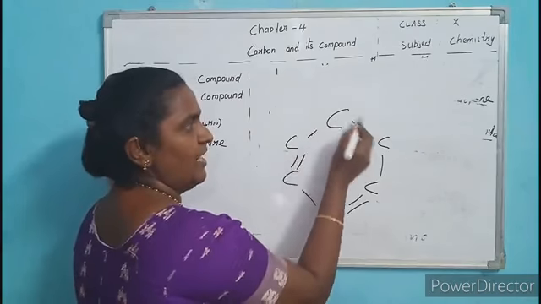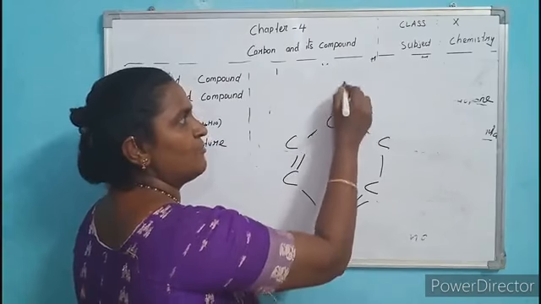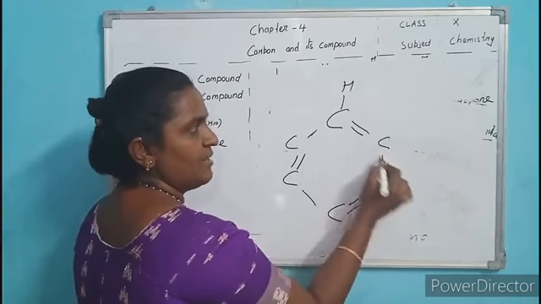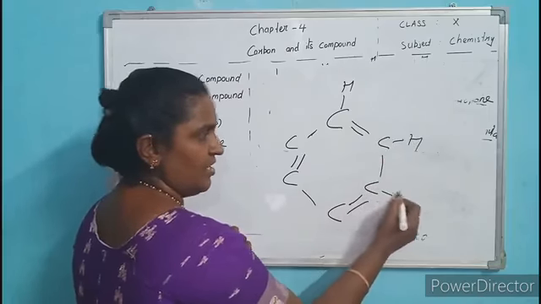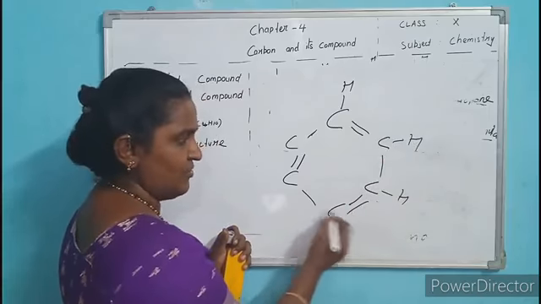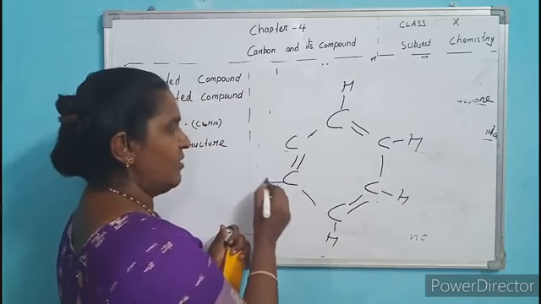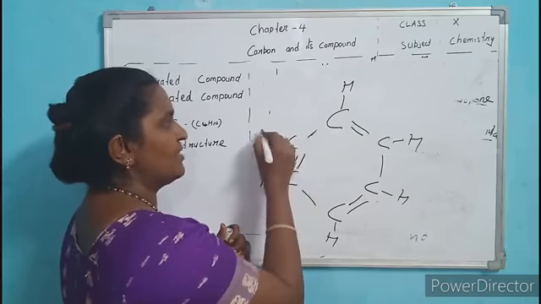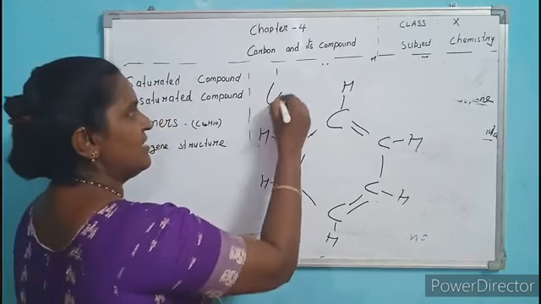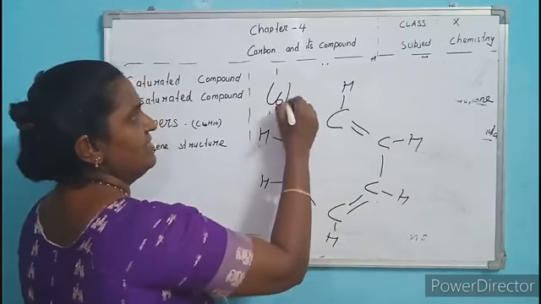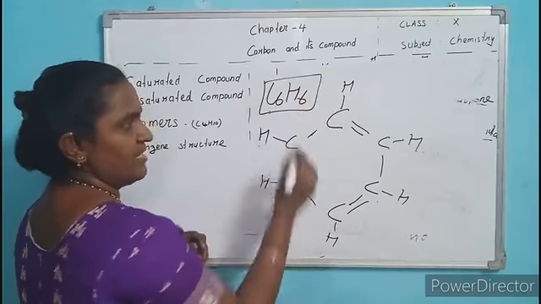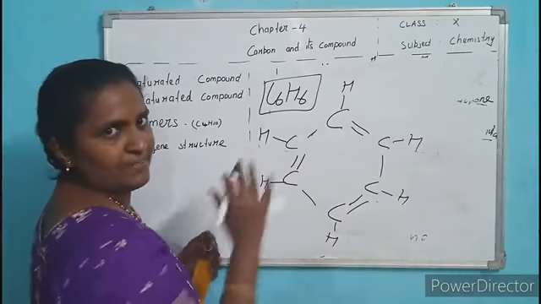This carbon has around it 1, 2, 3 bonds, so one more. Around this carbon 3 bonds are there, one more. Here also one more. This carbon has 3 bonds, so one more bond. So overall C6, hydrogen how many? 6. This is the molecular formula of benzene. This is the structure of benzene.